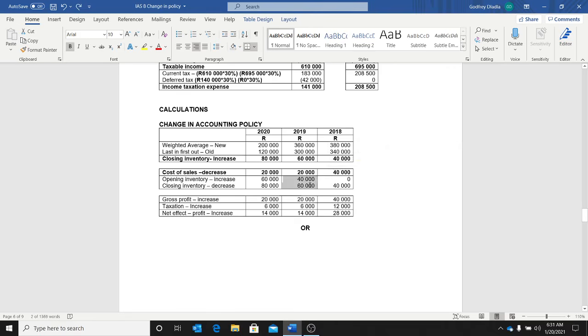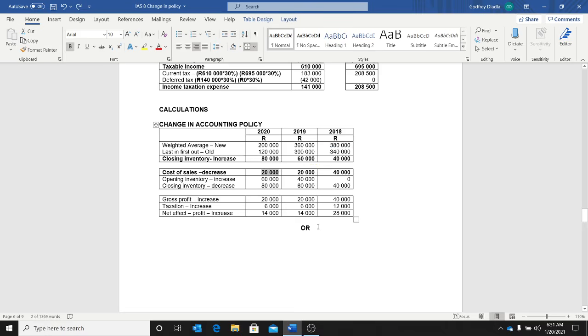Here I've got 40 and 60. 40 which is increasing and a 60 that is decreasing gives me a total decrease of 20. 60 which is increasing and 80 that is decreasing gives me a total decrease of 20.